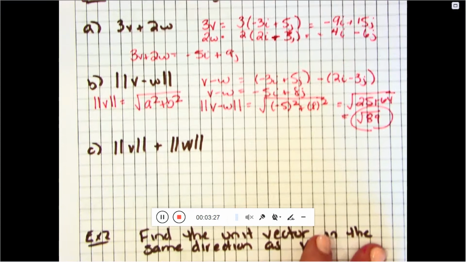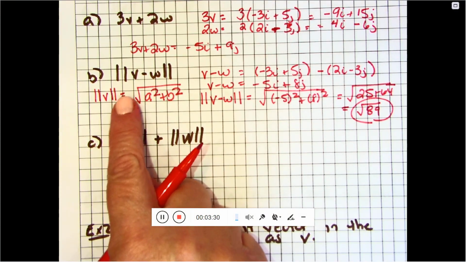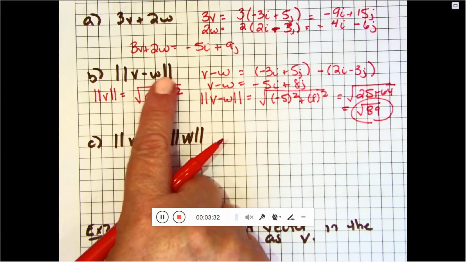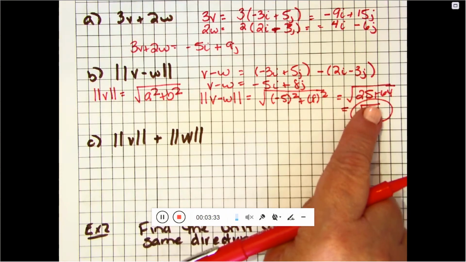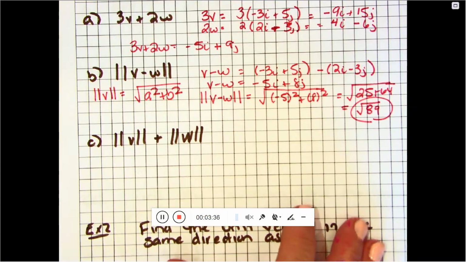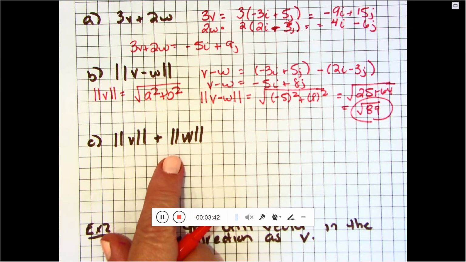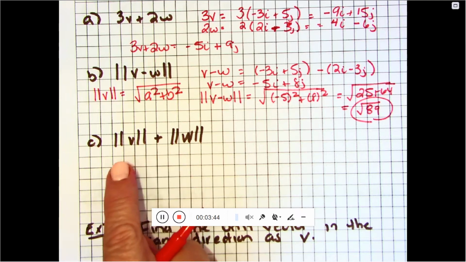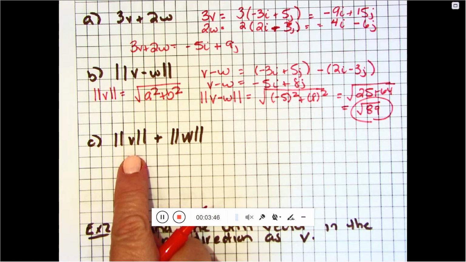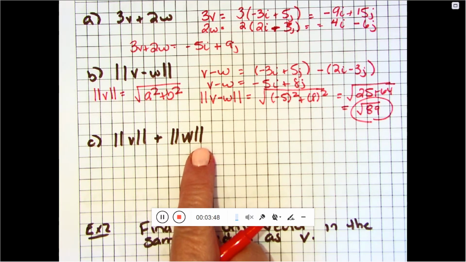Okay. So whenever you see these bars for magnitude, the answer is a numeric answer. It's the length of the vector. So what this is saying is something a little different. This is saying don't add v and w, don't add the two vectors. Take the magnitude of vector v and add it to the magnitude of vector w.